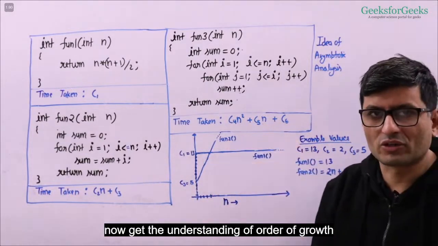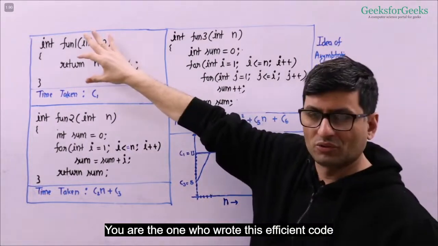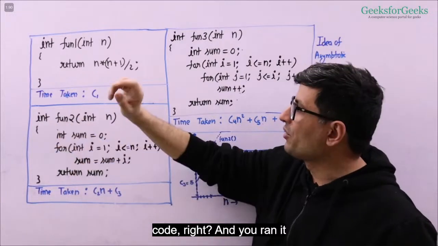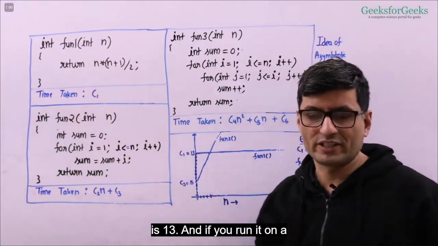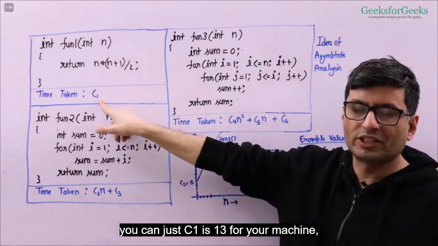Let's now get the understanding of order of growth, how these expressions help us. So let's take some example values. Let's say you are the one who wrote this efficient code and your friend wrote this inefficient code. And you ran it on a machine where the value of C1 is 13. You ran it on a slow machine where it takes 13 units of time to do this constant amount of work, or you can say C1 is 13 for your machine.